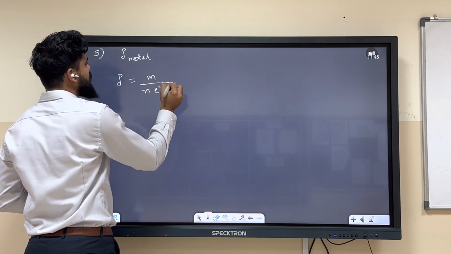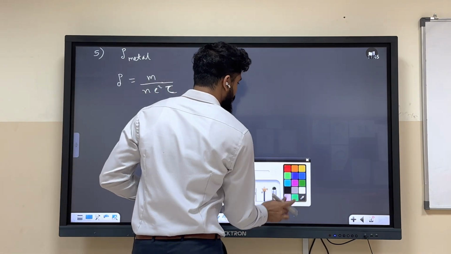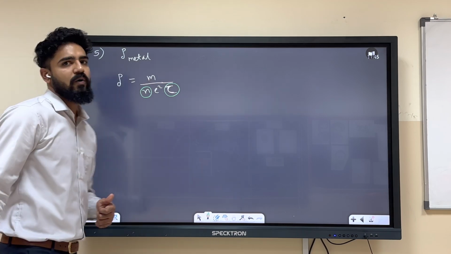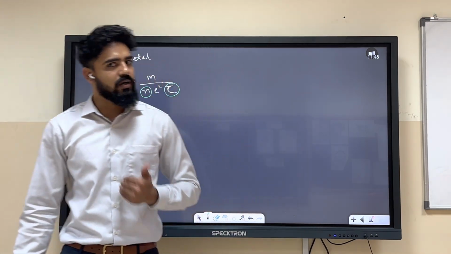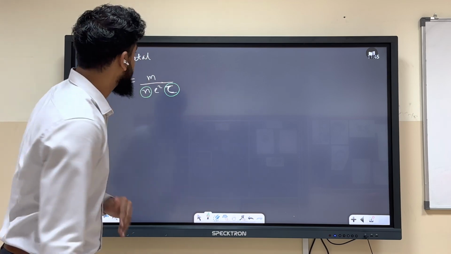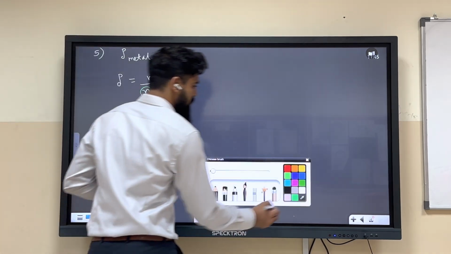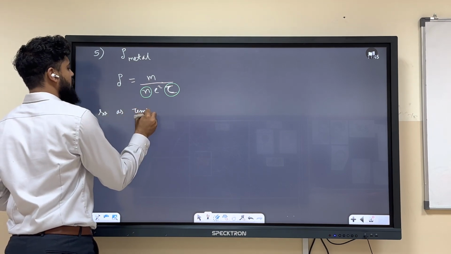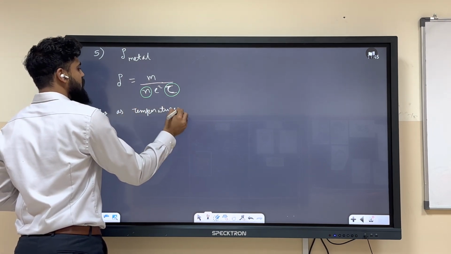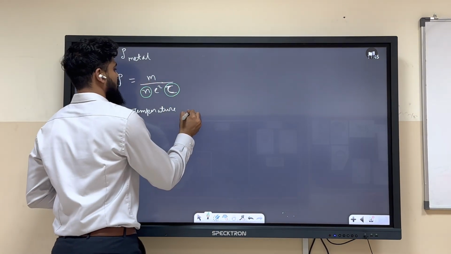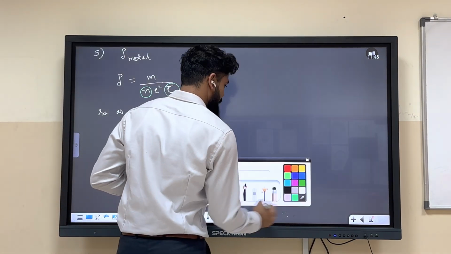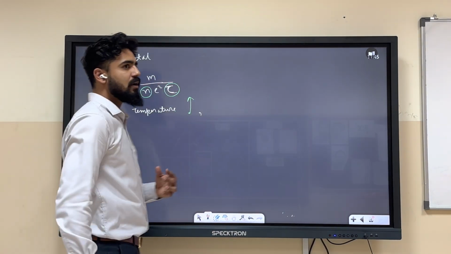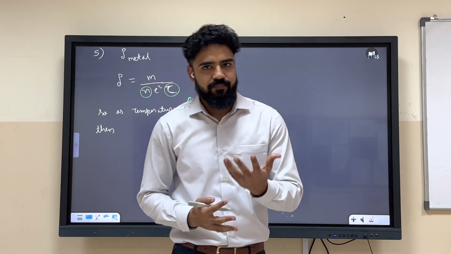Okay, so look at the denominator. So n and tau. n is what? Charge density. Tau is what? Relaxation time. So it will depend on this. As temperature increases, obviously, there is an atom, let's say iron.